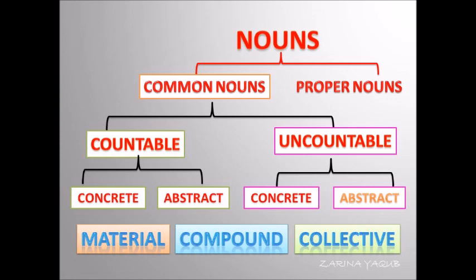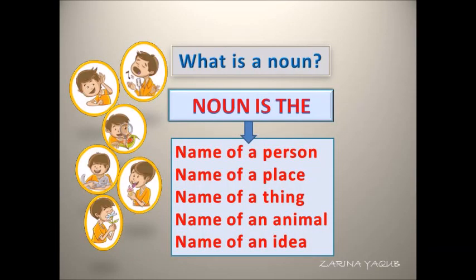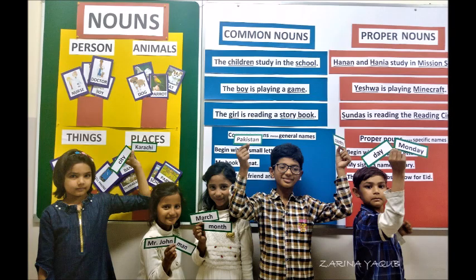Before we start talking about our main topic, let me revise some basic information about nouns, common nouns, and proper nouns. You already know that all the things that we see around us have names. The words that we use as names or naming words are called nouns.